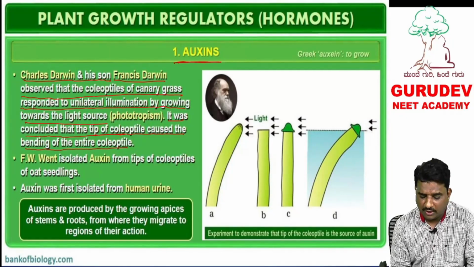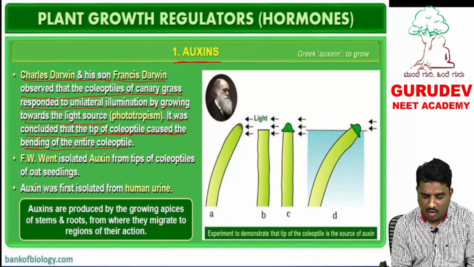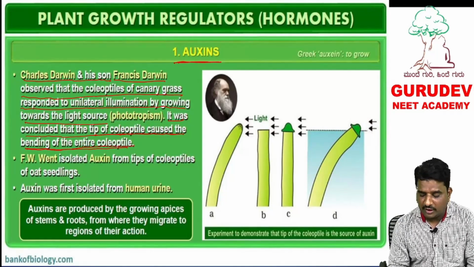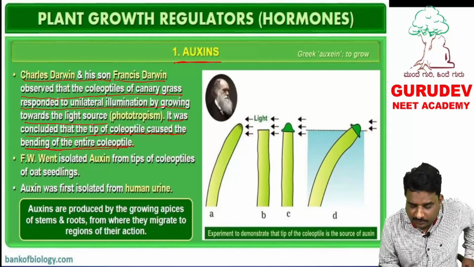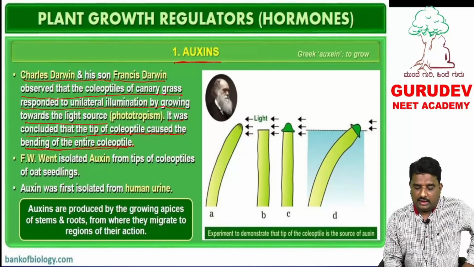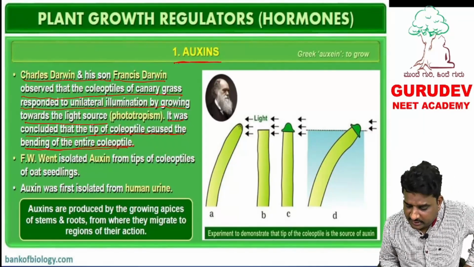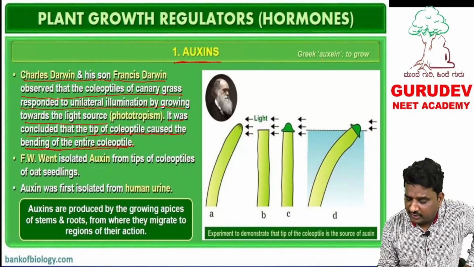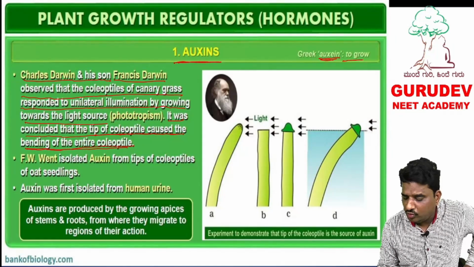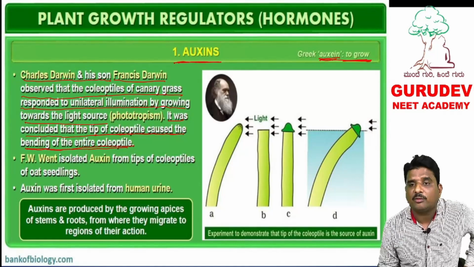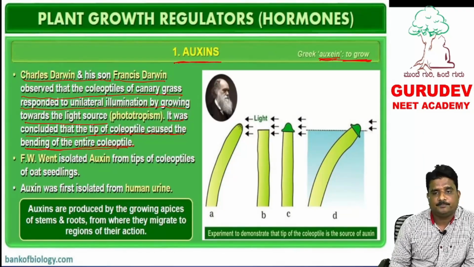Do you know what coleoptile means? Auxin in Greek refers to grow, meaning it is a growth promoting hormone.